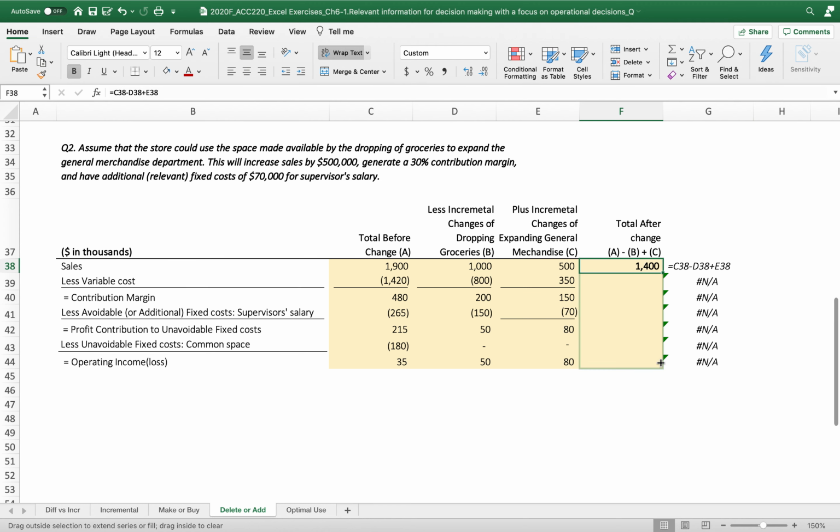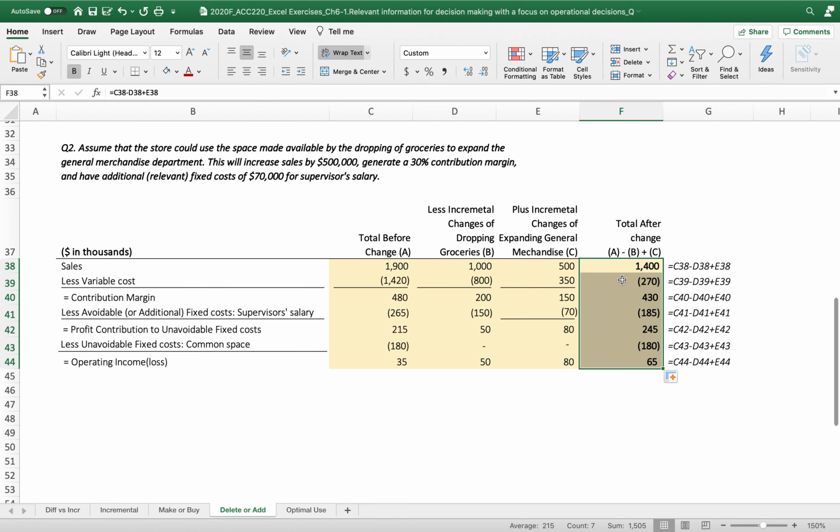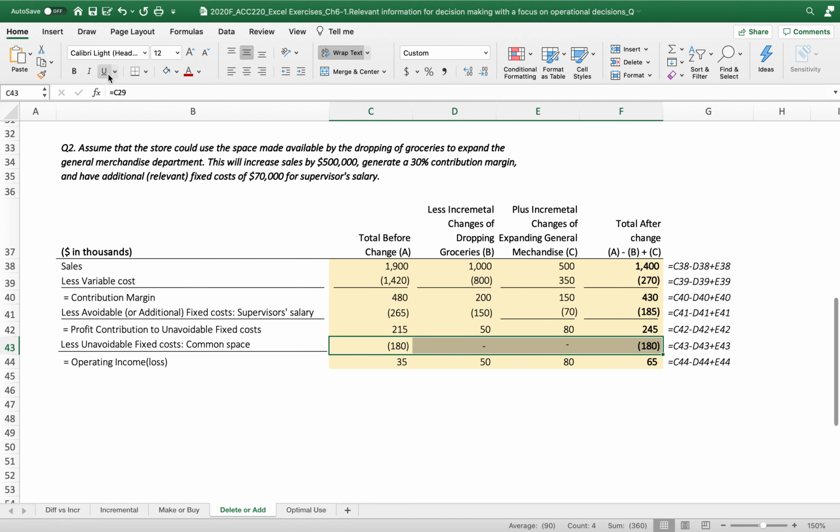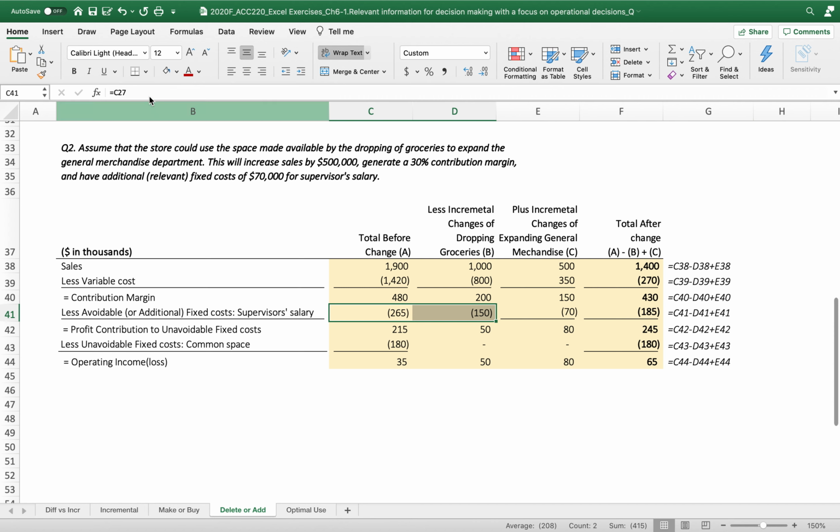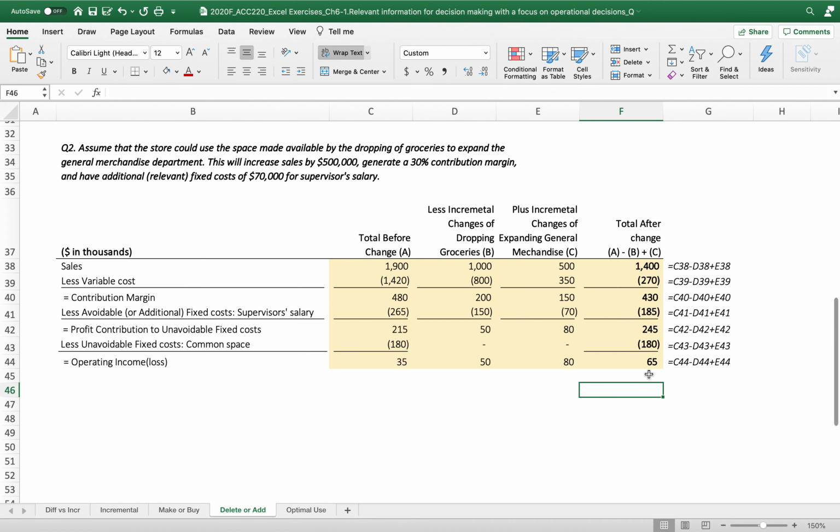Let me just drag down. Then what happened in the operating income? In the operating income part, what do you see? Yes, here we started from 35 before changes.